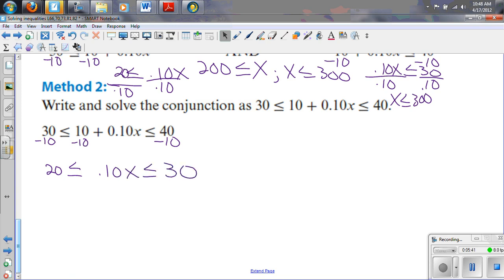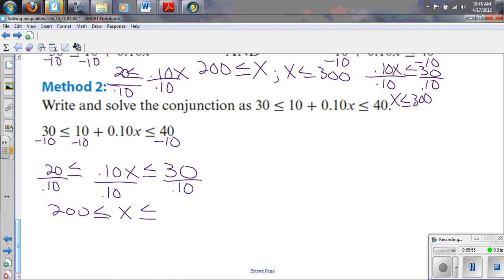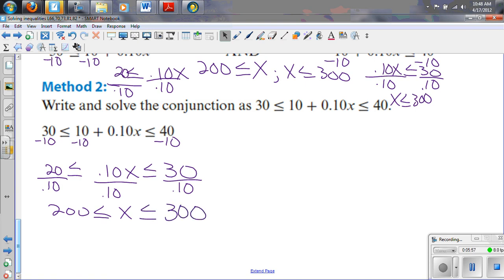And then we're going to do the same thing when we divide. When we divide by 0.10, we're going to divide all of the parts by 0.10. And so we have 200 is less than or equal to x, which is less than or equal to 300.